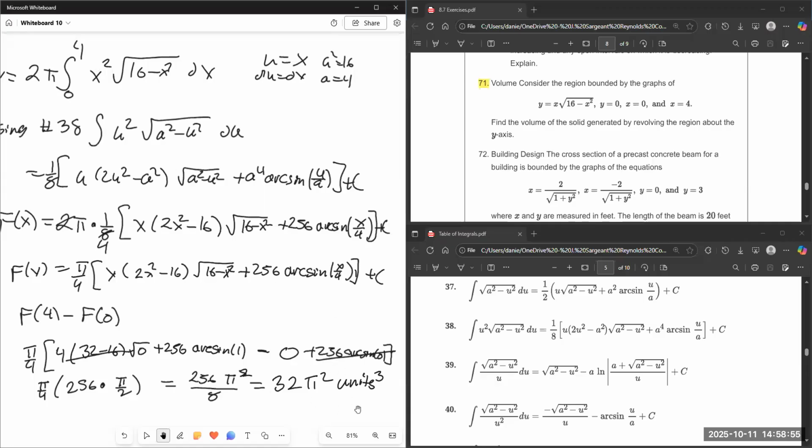But if this integral comes out to be something that does not exist, infinity, negative infinity, or there's just oscillating behavior and you can't figure it out, whatever it is, then the infinite series is going to be divergent, we call it.